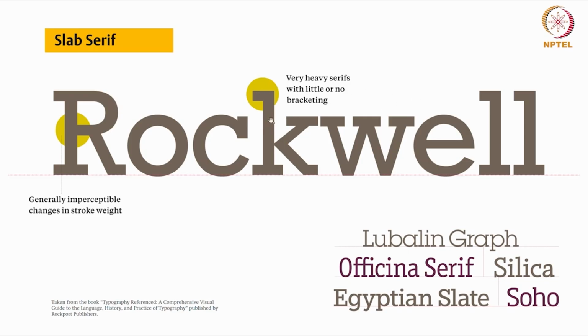They convey a bold, strong look and are often used in headlines, posters and branding. Examples include Lubalin Graph, Silica and Courier. And there are a few more examples visible on the screen. If you look into the role, serif fonts are generally easier to read in printed text, as the serif which is attached to the letter guides the eye along the lines of text.